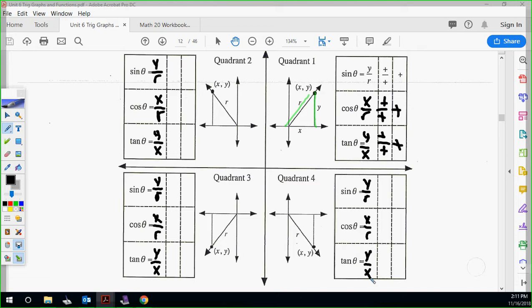So you just got to look at them for each one. So in quadrant 2, is the y going up or down? Up. So it's positive. The cosine, that's negative now, right? We're going left for x. So it's negative over positive. That's a negative. So then tangent is a positive for the y, but a negative for the x, so negative.